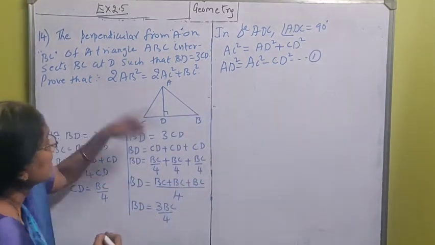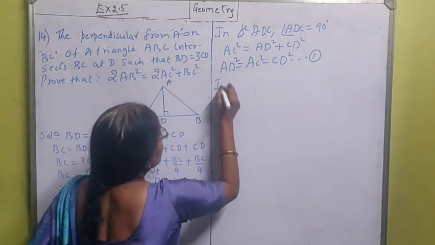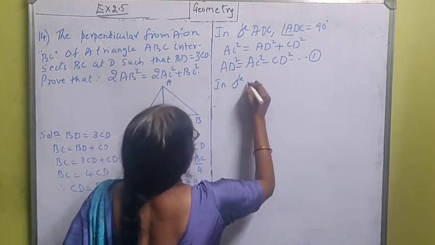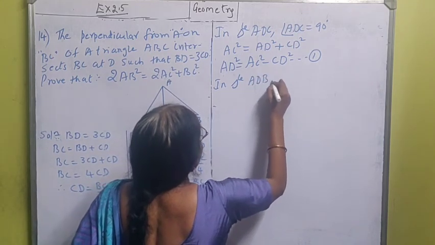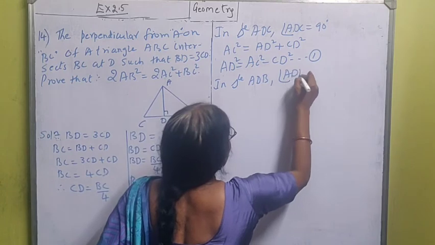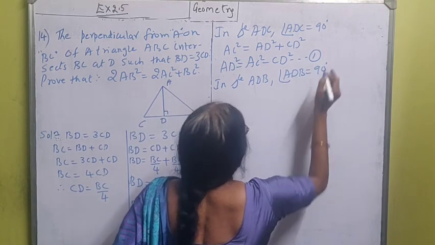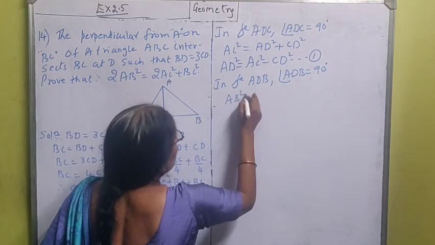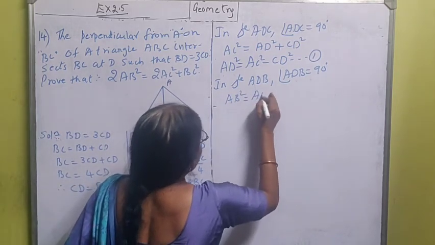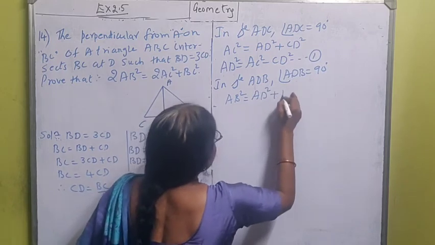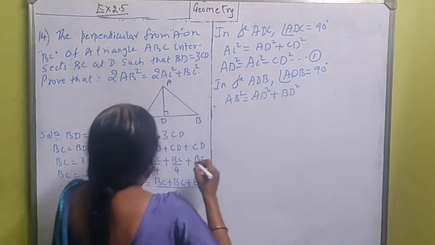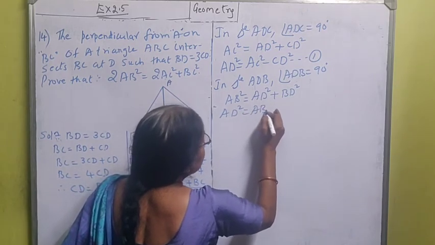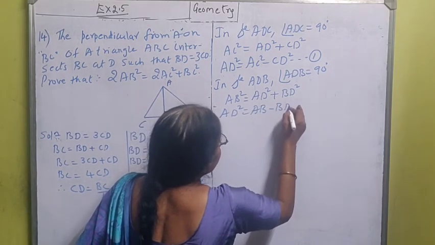Now, let us take the other triangle. In triangle ADB, angle ADB is equal to 90 degrees. So AB square is equal to AD square plus BD square. So AD square is equal to AB square minus BD square.